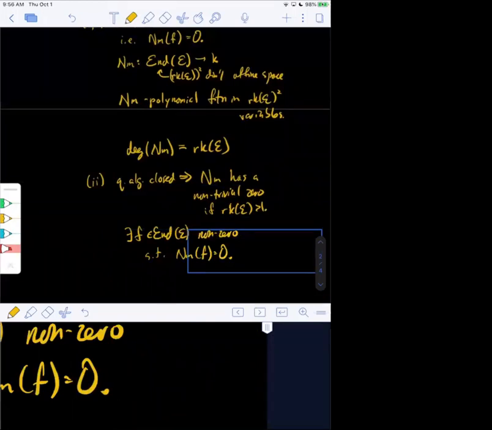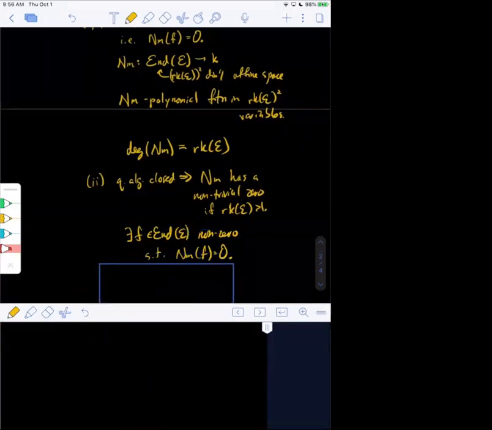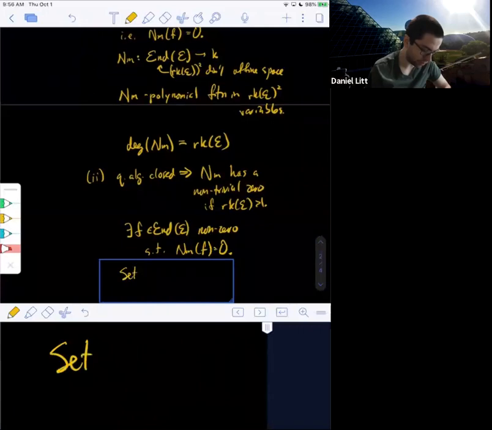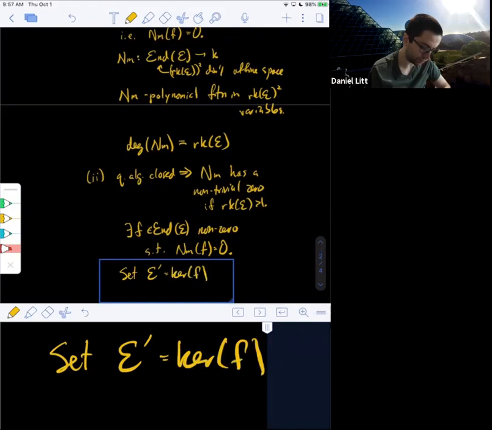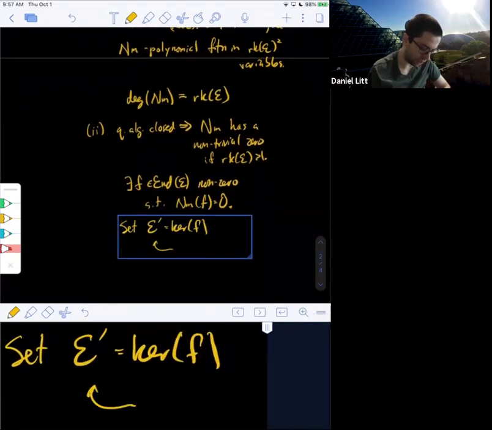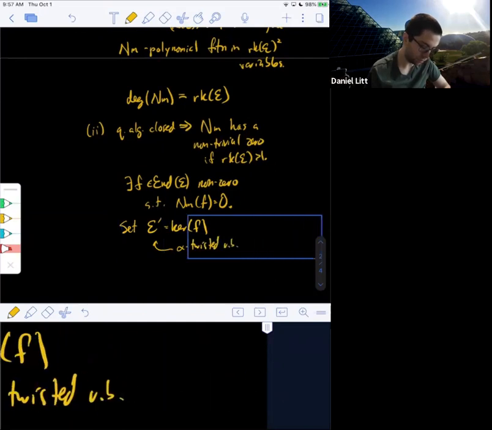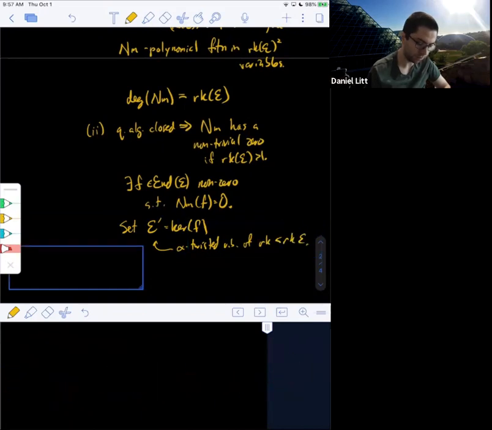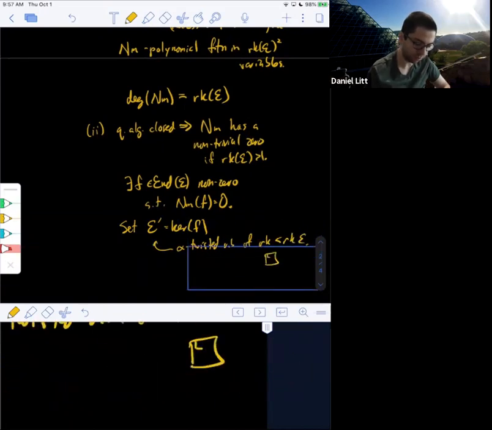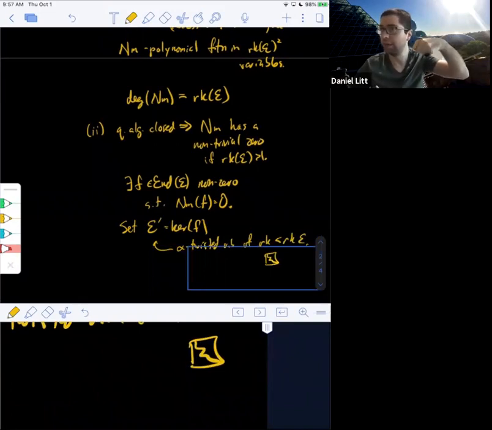Yes. Great. Okay, and now what we can do is we can set E prime, for example, to be the kernel of f. And this is an alpha twisted vector bundle of rank less than the rank of E. Okay, and now we're done. Our original idea says that as long as we have rank at least 1, we can find a subbundle of lower rank and keep going until we get to a line bundle.